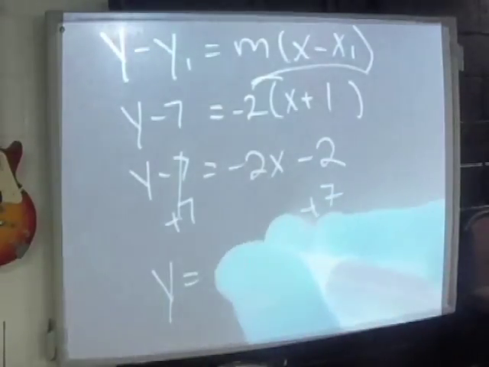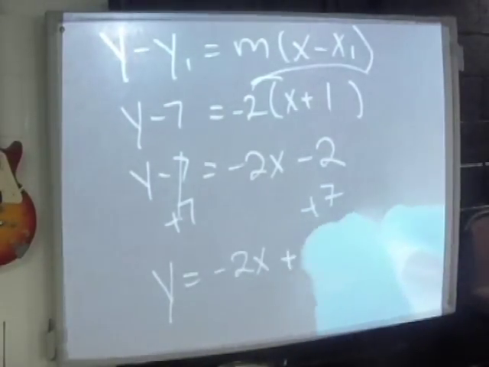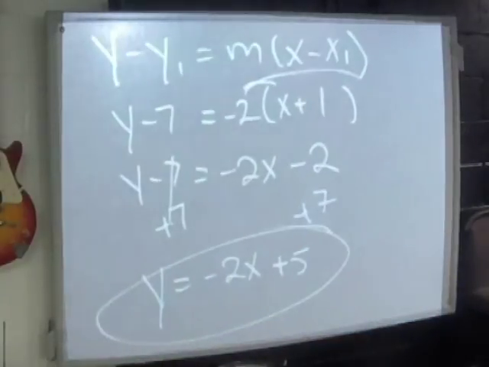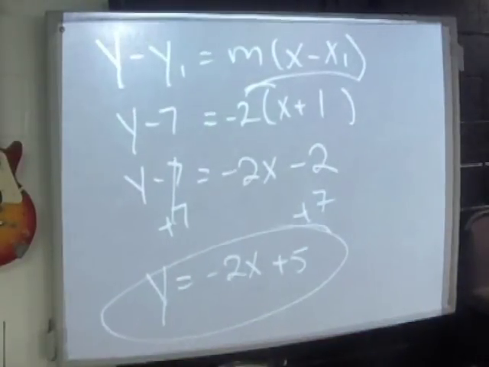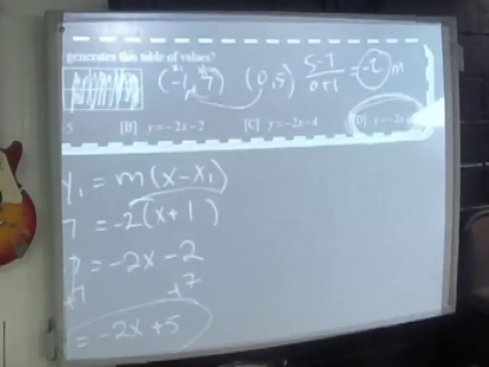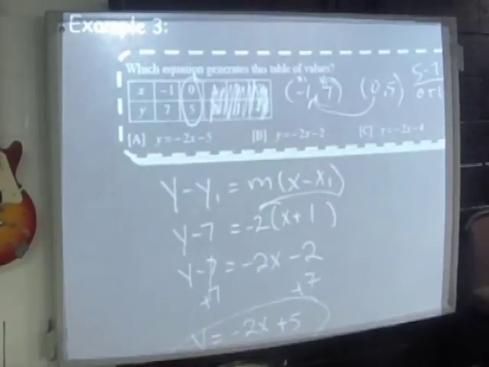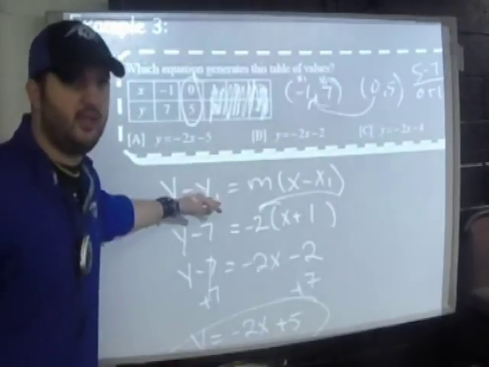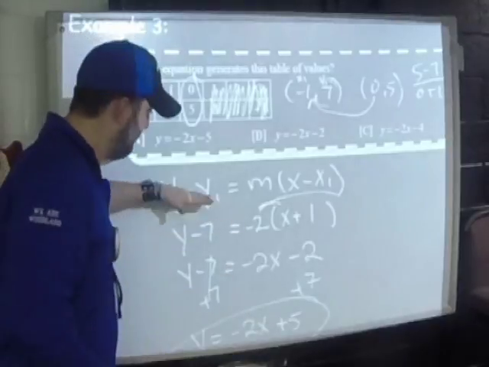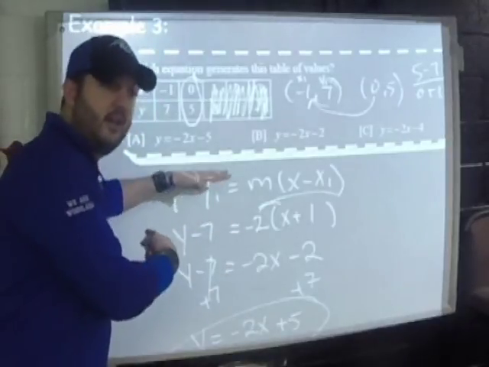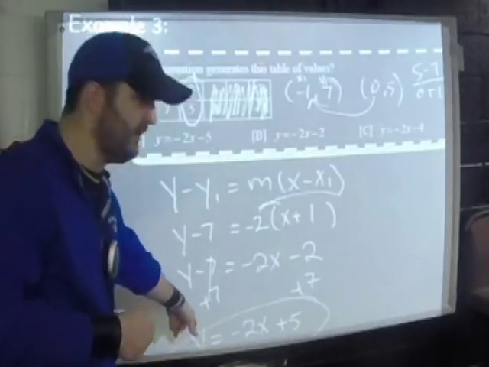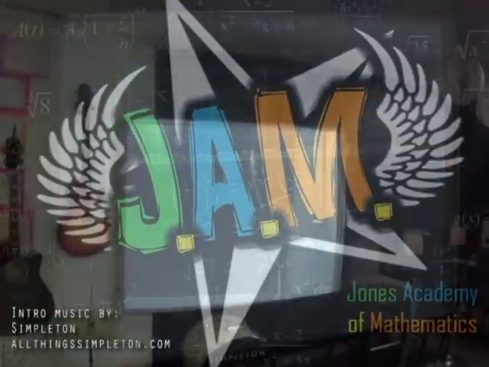Y equals -2x plus 5. Just like Blake said at the beginning, we knew it was going to be that. I just want to show you that if you have 2 points, you need to get really good at finding the slope, putting it into this recipe, and then working it into y equals mx plus b. That's it.